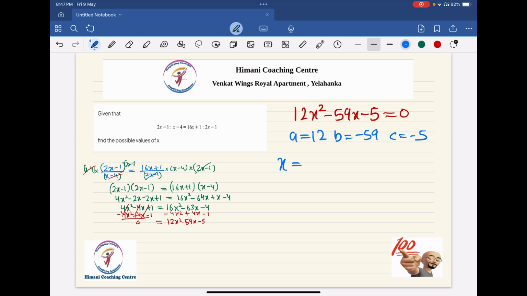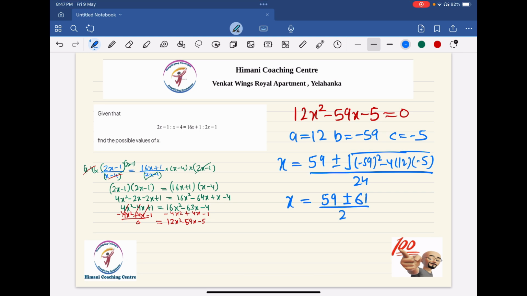It would be minus B. Minus of minus 59 is plus 59, plus minus root of B square, which is minus 59 square, minus 4 times 12 times minus 5, divided by 2A. Now 2 times 12 is 24. Okay. Now, if we solve the square root part, we will get 61. So I'm using the calculator. So I'm getting 59 plus minus 61 by 24.